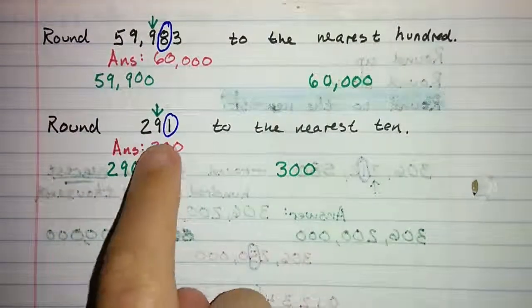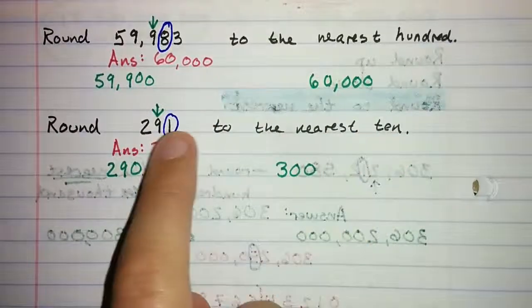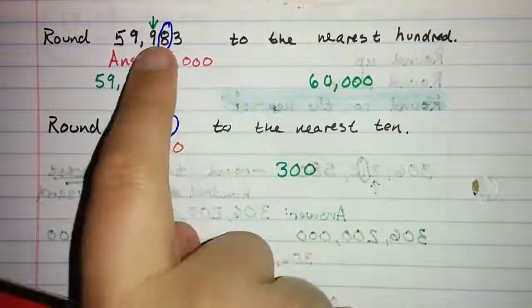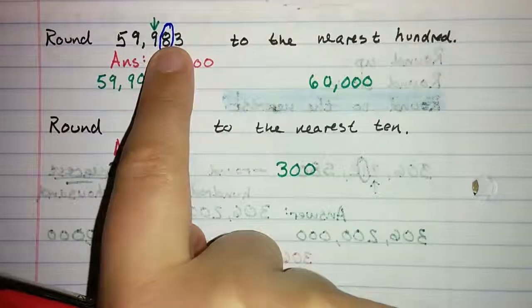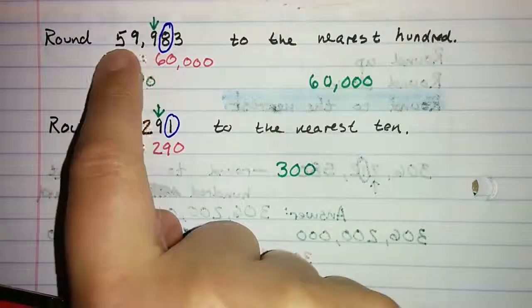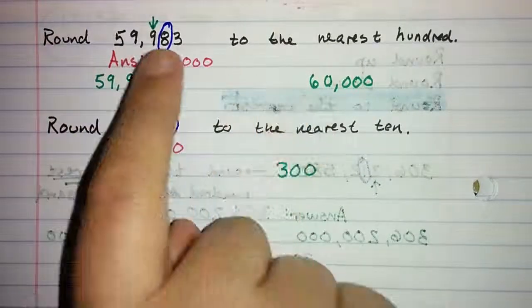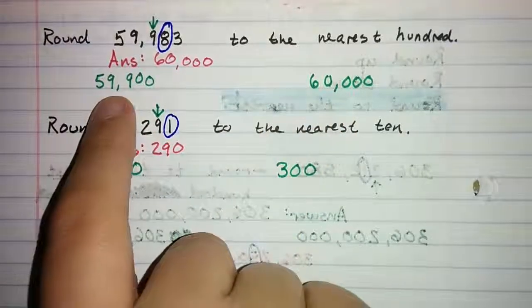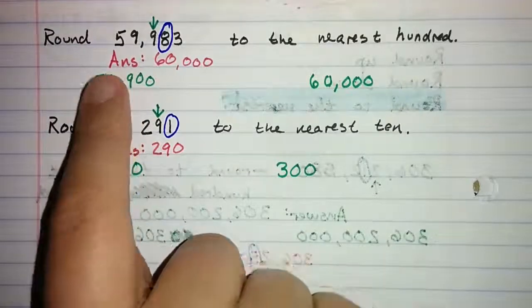Notice, in rounding, all of the action happens at the named place, in this case tens, in this case hundreds, and the place immediately to its right. Places to the left of the named place, well, strange things can happen to them, but always as a result of increasing the named place.